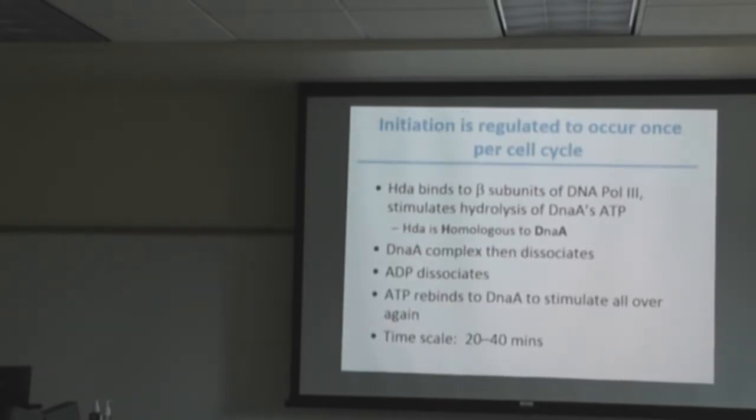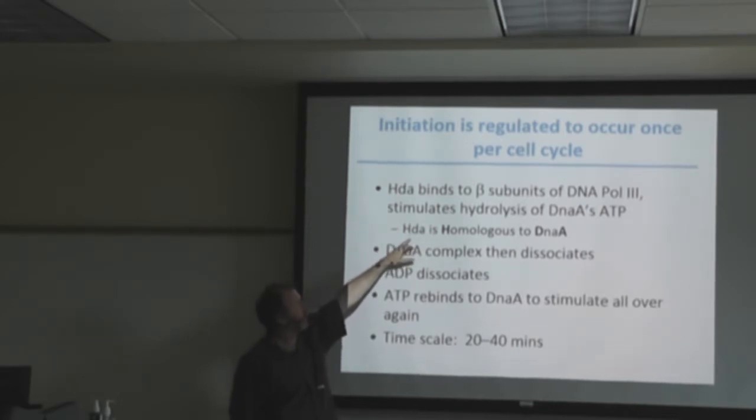So initiation is regulated to occur only once per cell cycle, right? You don't want to make multiple copies of chromosomes. It takes a lot of energy and a lot of time to copy the whole genome. You only want to do it one time when you're going to divide the cell once, right? HDA binds to the beta subunits of DNA polymerase 3 and stimulates hydrolysis of DnaA's ATP.